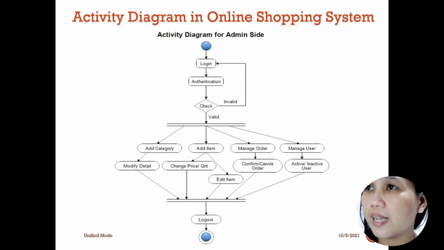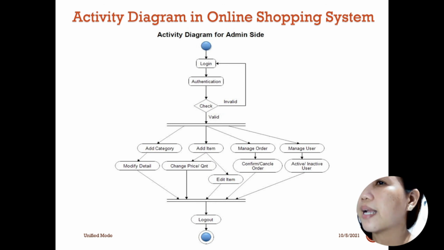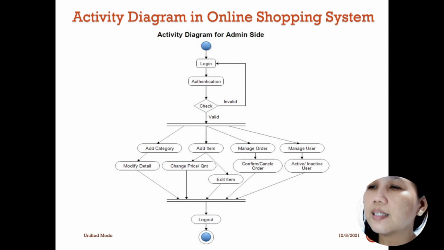Activity diagram again on the online system. I haven't found one on the customer side, but I found an example of an activity diagram for the admin side. So we have the login of the customer, and then the admin side will authenticate. If it's valid, then we proceed to add category, add item, manage order, and then manage user.